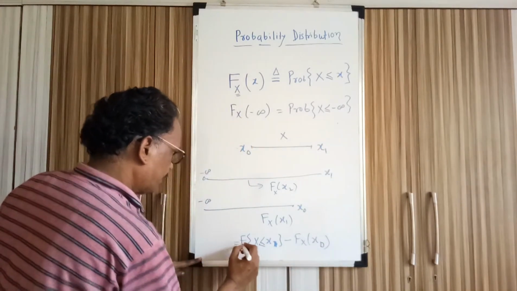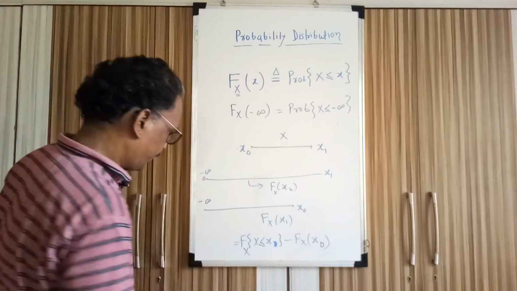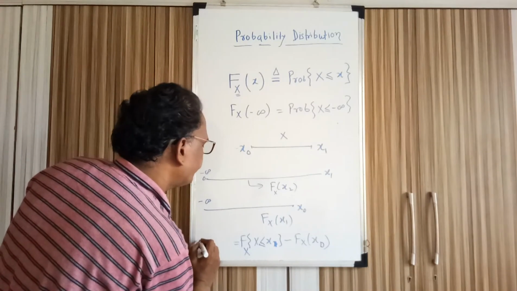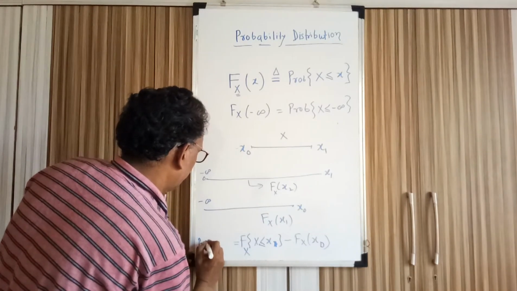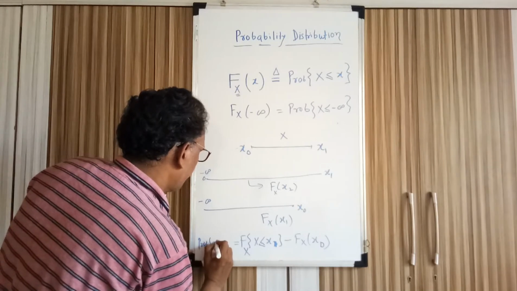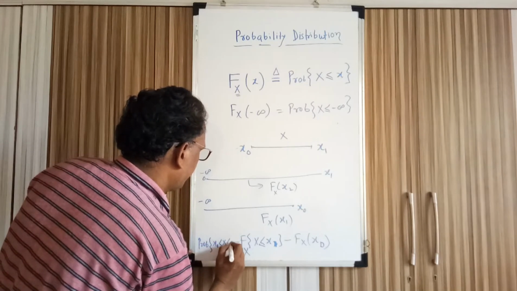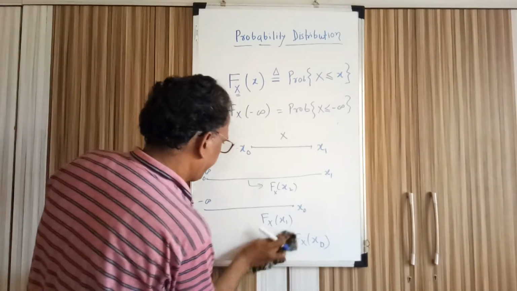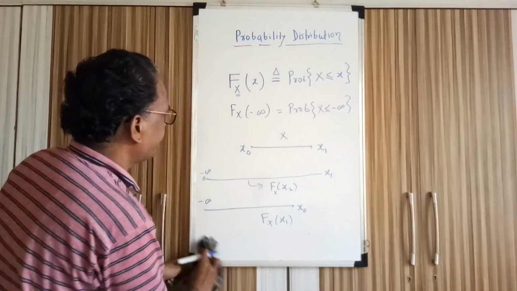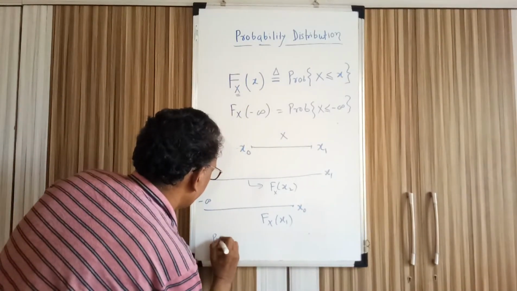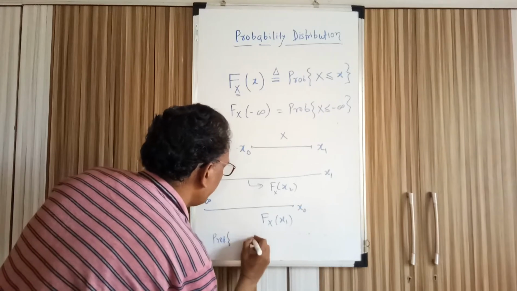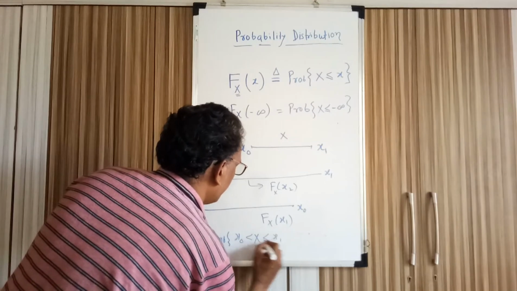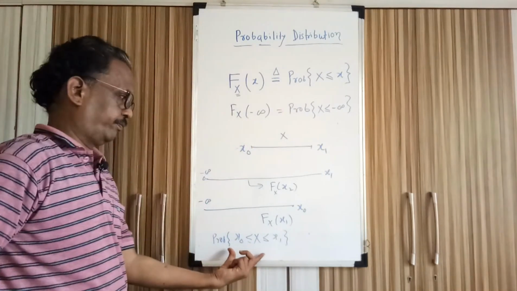So this is the distribution function value, right? So that is the value of the distribution function that x is less than x1. If I write it clearly, what I am finding here is the probability that the random variable capital X is taking values between this range.